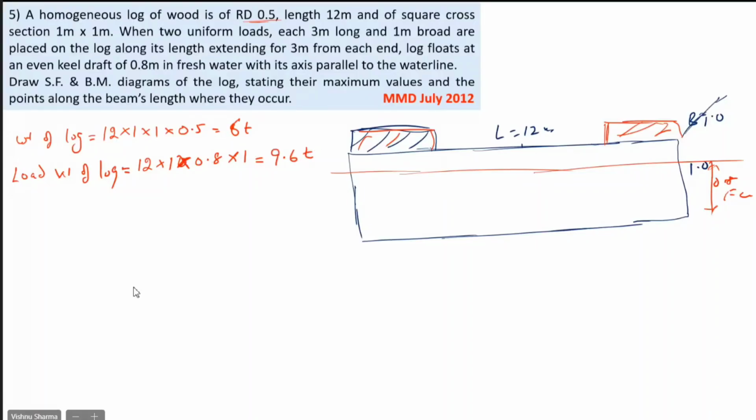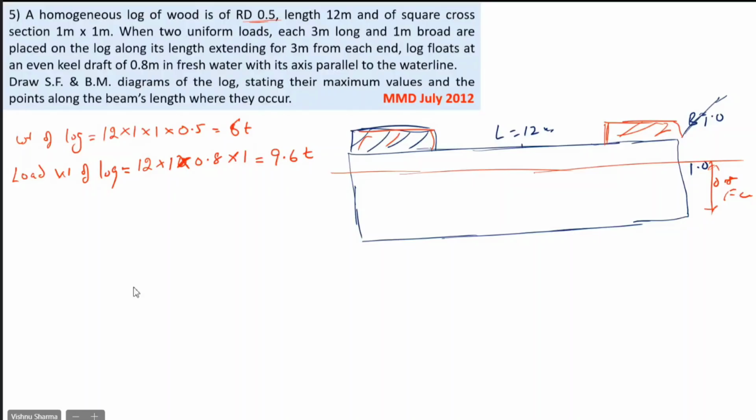Load displacement of the log is 9.6 tons. Am I right by law of flotation? Correct, guys? If you are able to understand and confirm, we'll be able to probably cover better the other things. I don't get to know whether you have understood or not, because at the end somebody will say why the load displacement was 9.6 then. Is 9.6 okay?